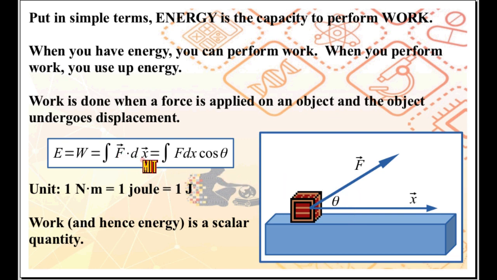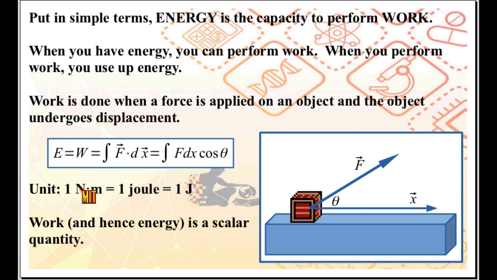So F dotted with dx is the magnitude of F times the magnitude of dx times cosine of angle theta, the angle between F and dx. So work done is equal to the integral of F dx cosine theta.